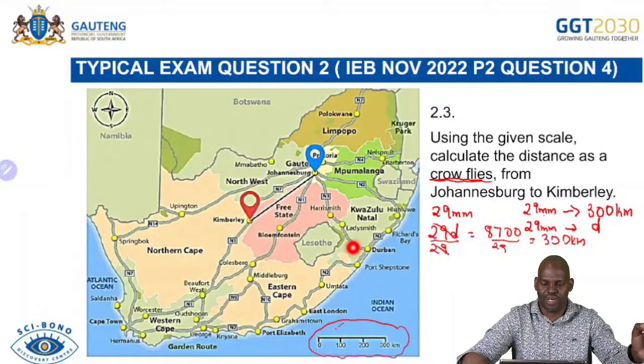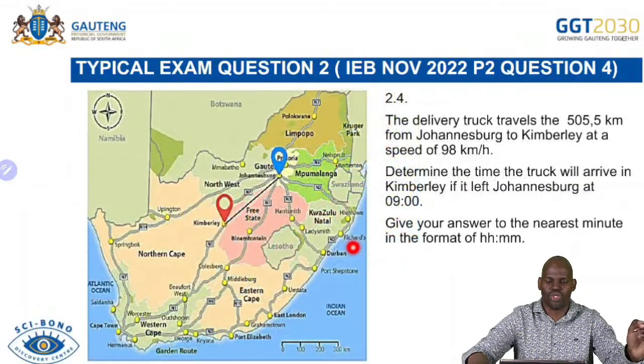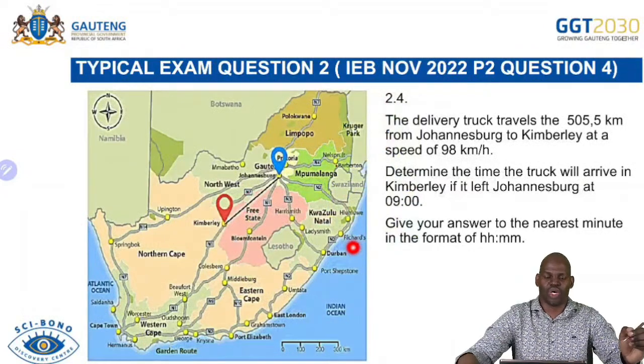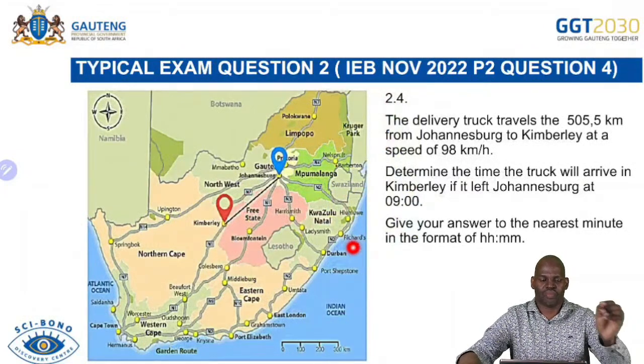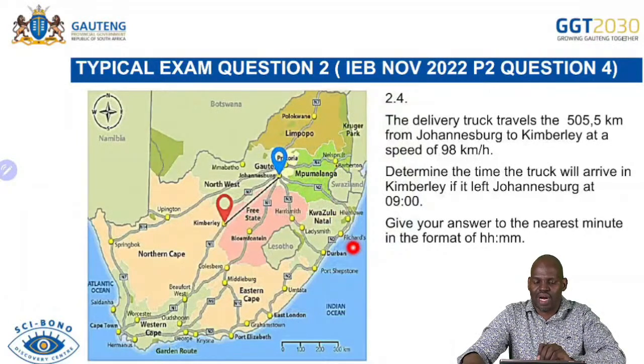So that was the answer for number 2.3. Then question 2.4. It is the continuation of the previous question. This one we've got the delivery truck travels the 505.5 kilometers from Johannesburg to Kimberley at a speed of 98 kilometers per hour.